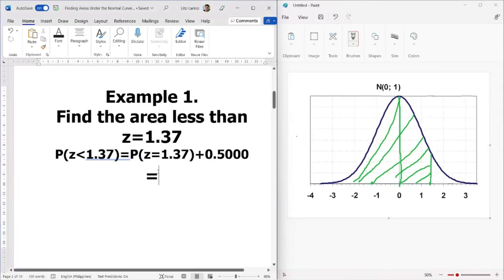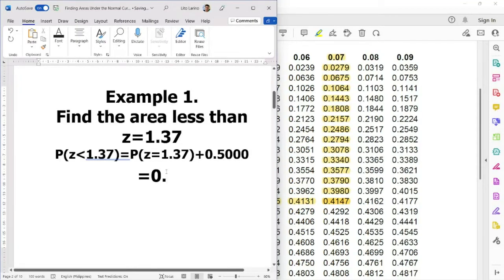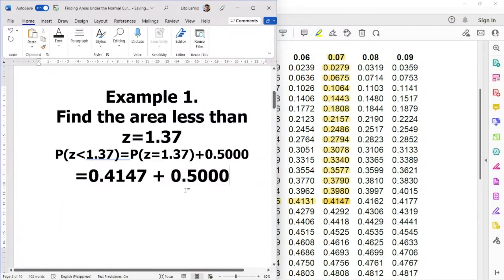That is 0.4147, plus 0.5000, the area of the half of the normal distribution curve.